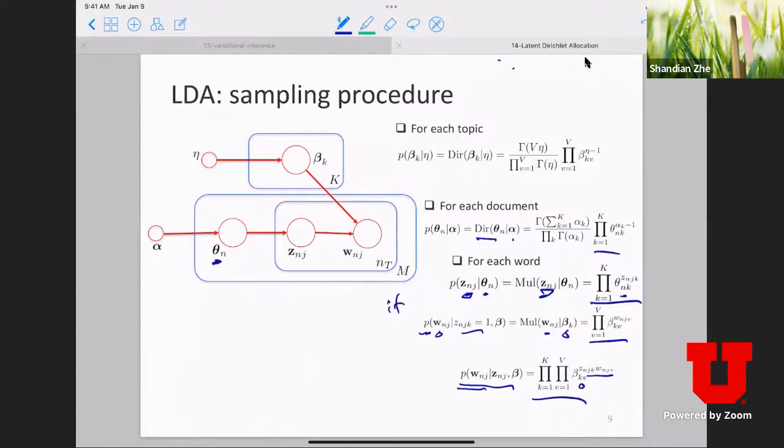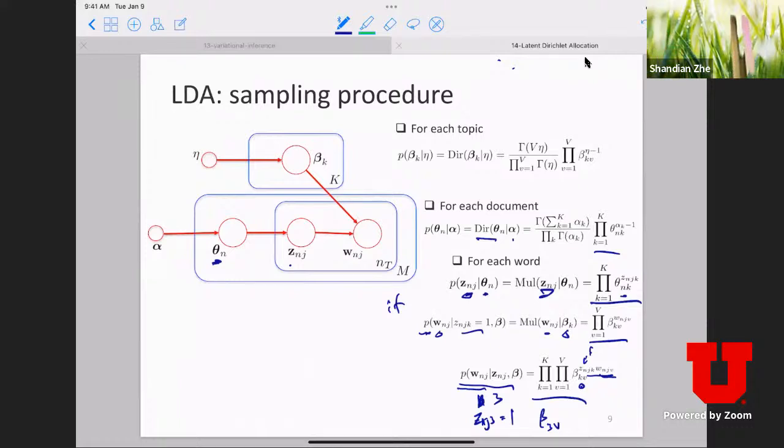What does it mean? It means that if a particular topic, say 3, is sampled, meaning that z_nj3 is 1, then you can activate the corresponding beta_3v, because this power will be 1, and then w_njv just tells you which particular word is sampled.